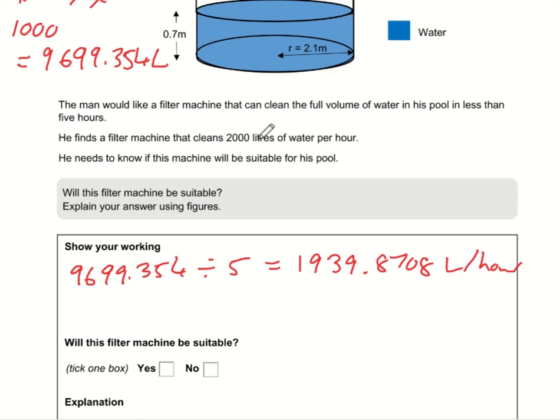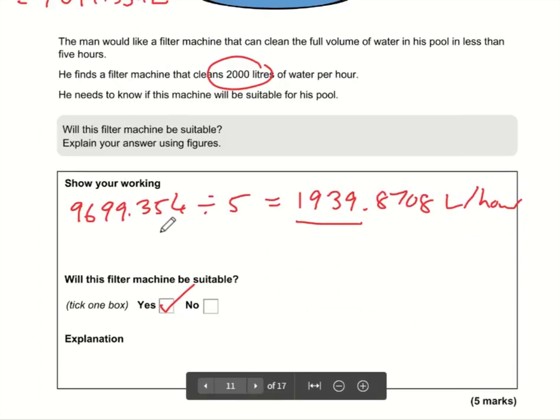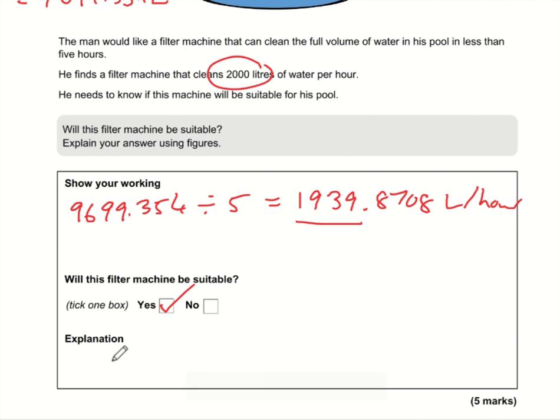He finds a filter machine that can clean 2,000 litres of water per hour, so that is greater than 1939, so the filter machine is suitable. And the explanation, which maybe just put into words, is that 2,000 is greater than 1939.8708 litres per hour.